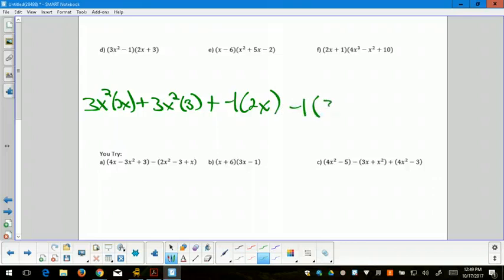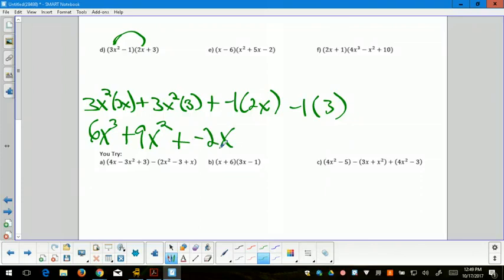And then negative 1 times 3. You can look at that as FOIL if you want. I'm distributing this first, and then I'm distributing the negative 1 to both of those. And so this one's going to give me 6x cubed plus 9x squared. This one will give me negative 2x, and negative 1 times 3 is negative 3.